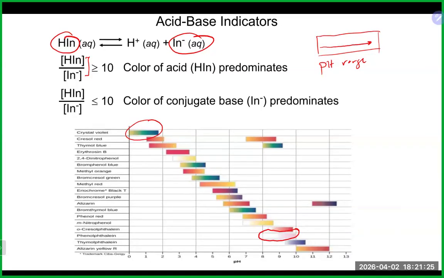So obviously you do want to pick an indicator that would really change color near your equivalence point. And as we talked about a few different types of titrations, you should know that at the equivalence point of a strong acid, strong base titration, that's going to be a pH of 7. If you're doing a weak acid with a strong base, that should have a pH that's going to be basic.